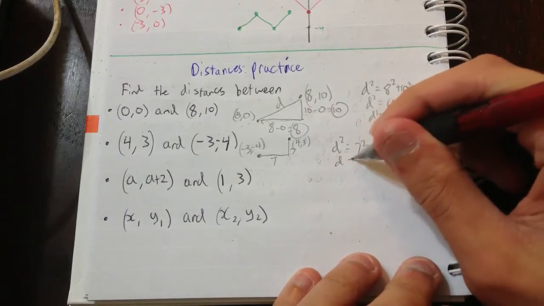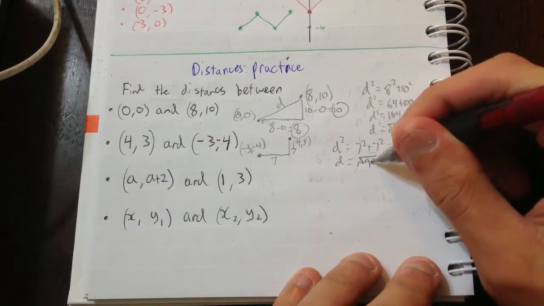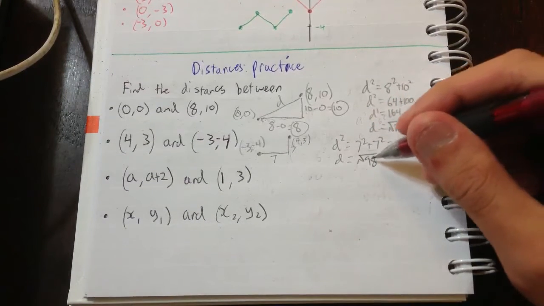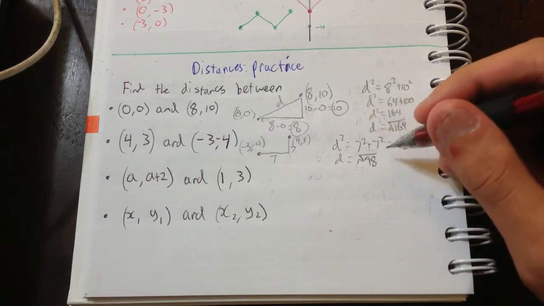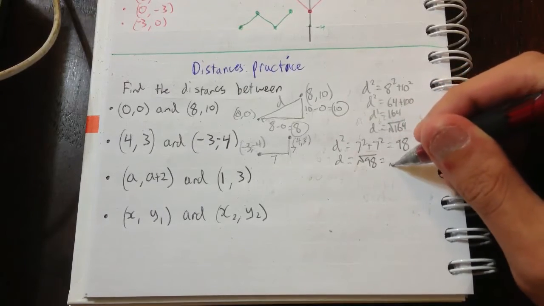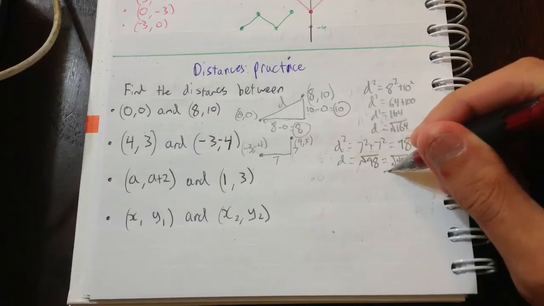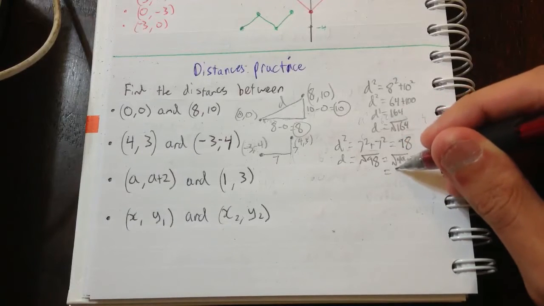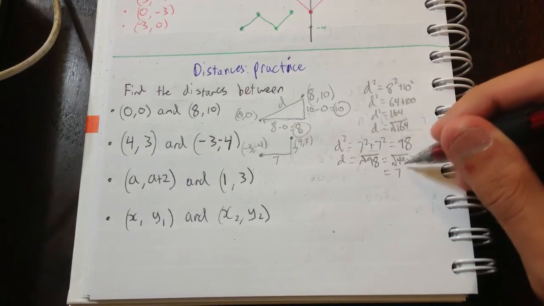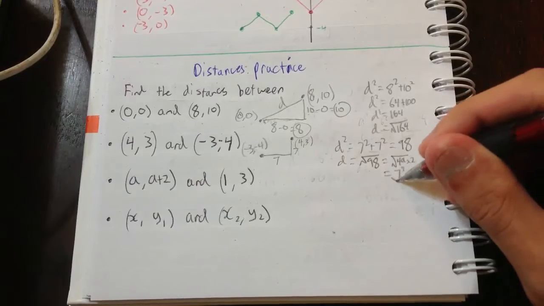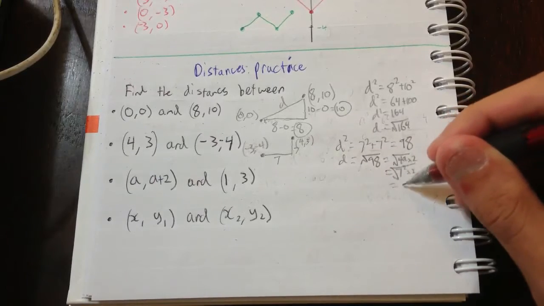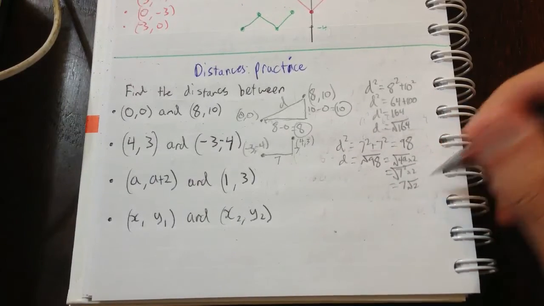Okay, so D equals the square root of 98. And we can try and simplify it. Yeah, so this is 49 times 2. And what's the square root of 49, guys? 7. So it is 7 squared times 2, and therefore we can take that 7 squared out and make it 7 root 2.